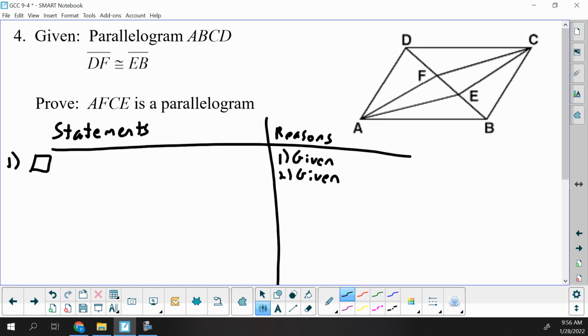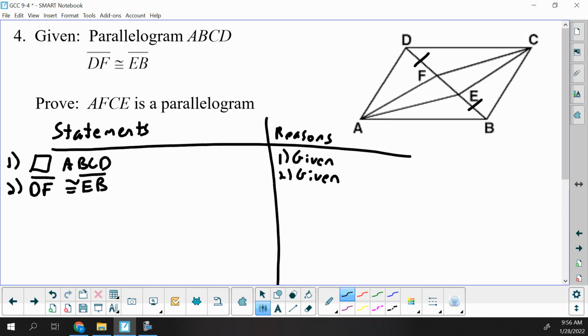It's okay to abbreviate the word parallelogram, again, with our symbol. We can mark up the DF and the EB. So a pretty similar idea.